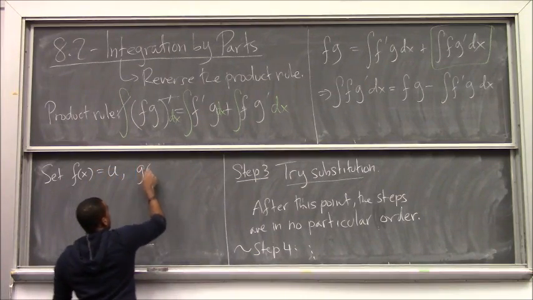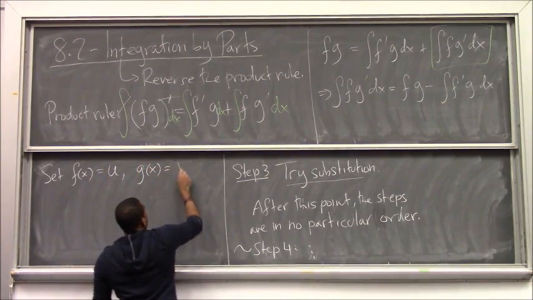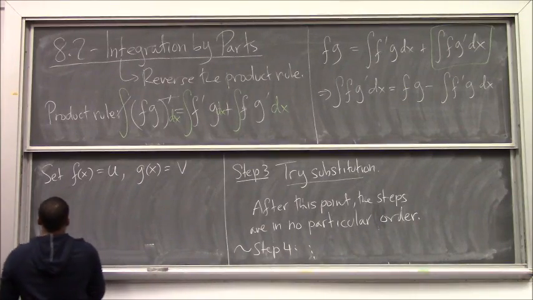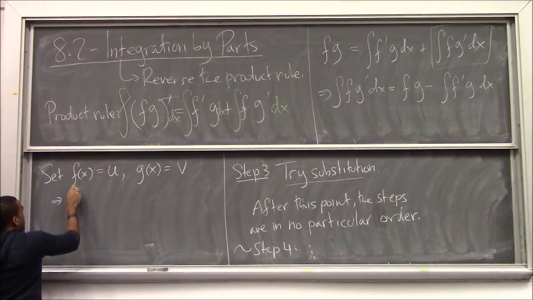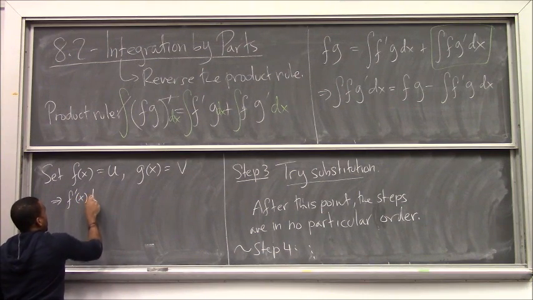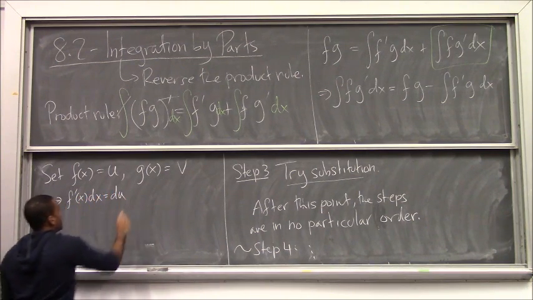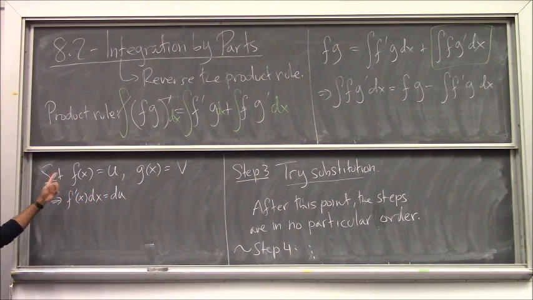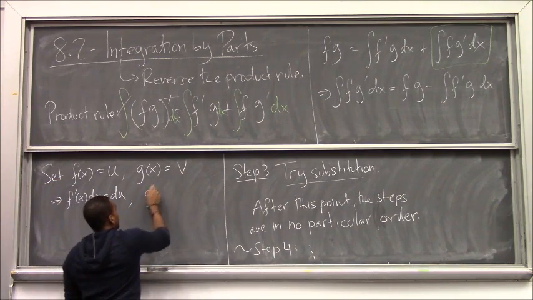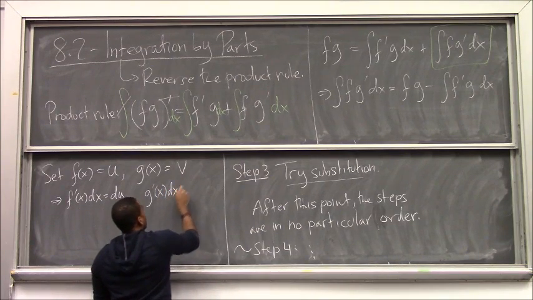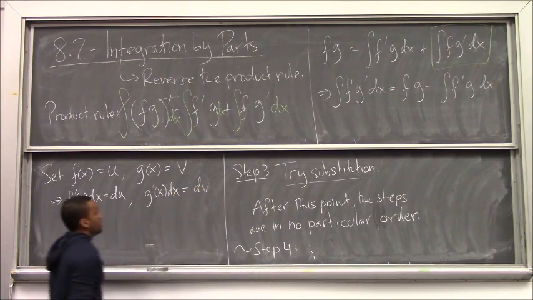I'm going to set the function g of x equals v. This of course means if I differentiate both sides, f prime of x dx is going to be du, right? Because du/dx is going to be f prime. I can multiply both sides by dx. We can do that with the Leibniz notation. And g prime dx is going to be dv.